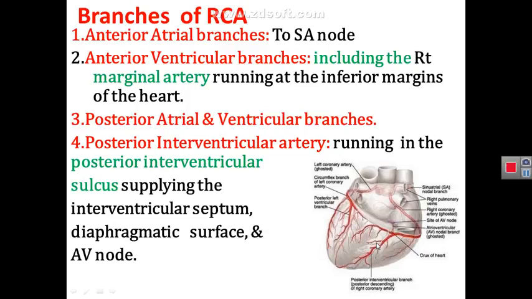This branch is sometimes called the posterior descending branch, and it supplies the interventricular septum on the inferior surface of the right and left ventricle, and also it supplies the atrioventricular node.